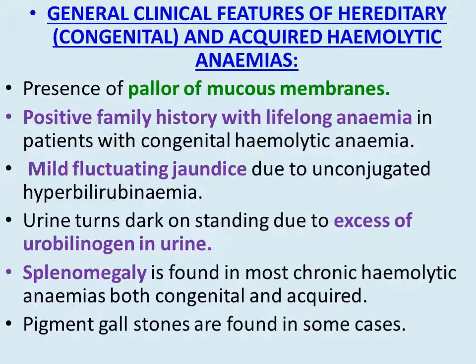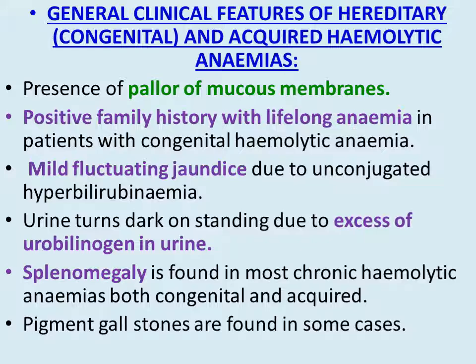Then next, splenomegaly, that means enlargement of spleen, is found in most chronic hemolytic anemias, both congenital and acquired. Next, pigment gallstones are present in some cases, that is, stones in the gallbladder which contain bile pigments.